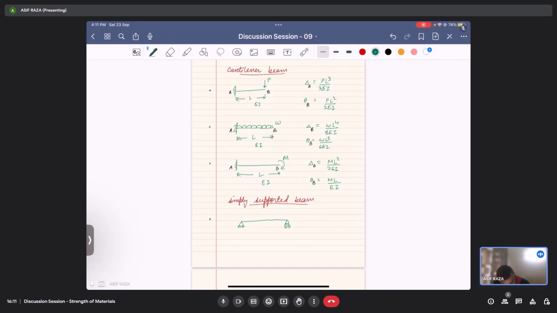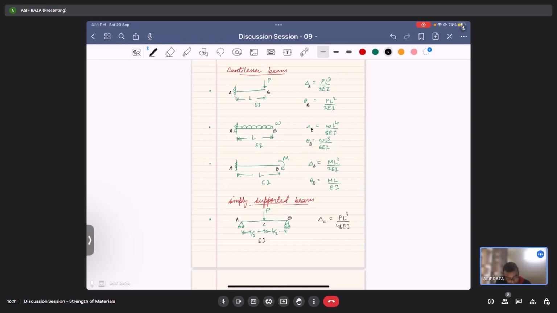The concentrated load is applied at the midpoint, L by 2 and L by 2, with points A, B, C, and EI as the flexural rigidity. In this case, it's best to remember delta C, and that is PL cube upon 48EI.